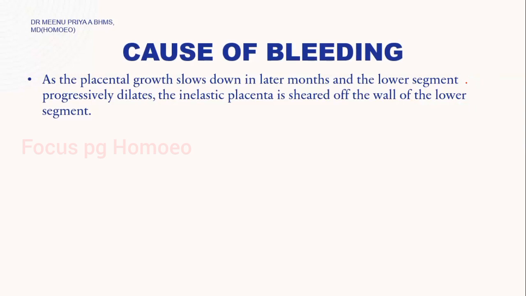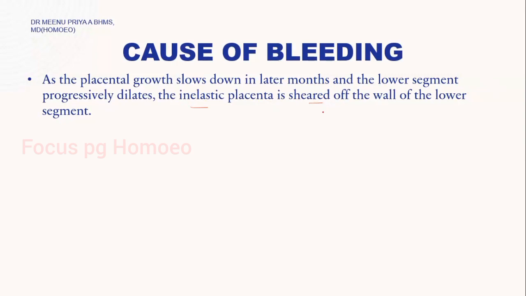The nutrition from the placenta is not sufficiently required at that time, and after the fetus is expelled, because the placenta is inelastic, due to the contraction and retraction activity of the uterus, the placenta is sheared off. It cannot elongate; only if it is elastic can it elongate for the contraction and retraction. Because it is inelastic, two things happen: buckling and shearing off. That is the normal mechanism of placental separation.